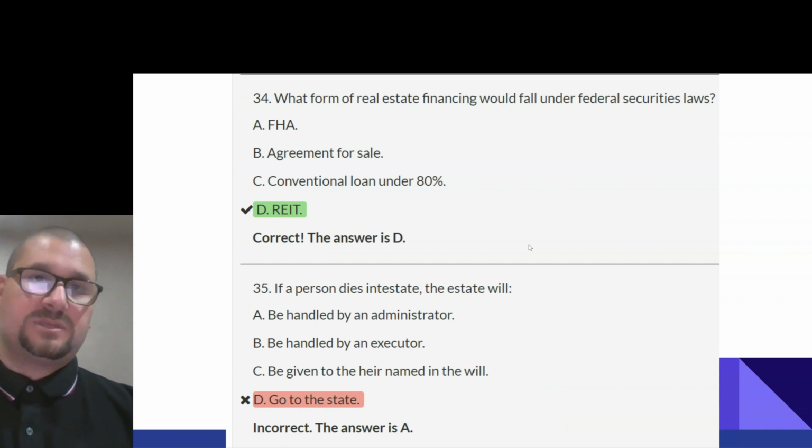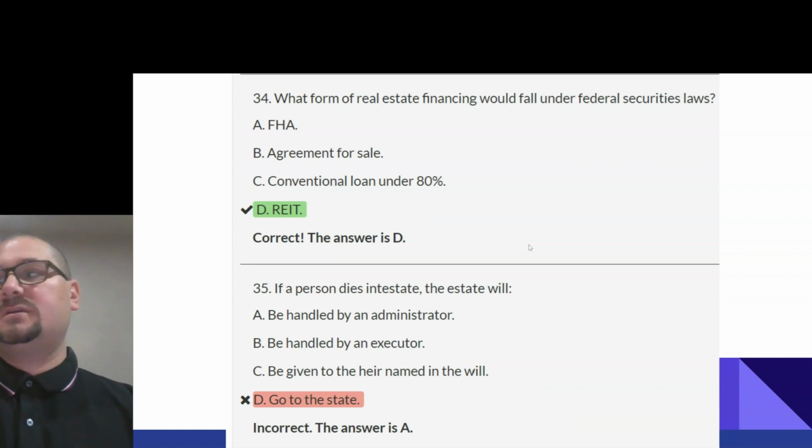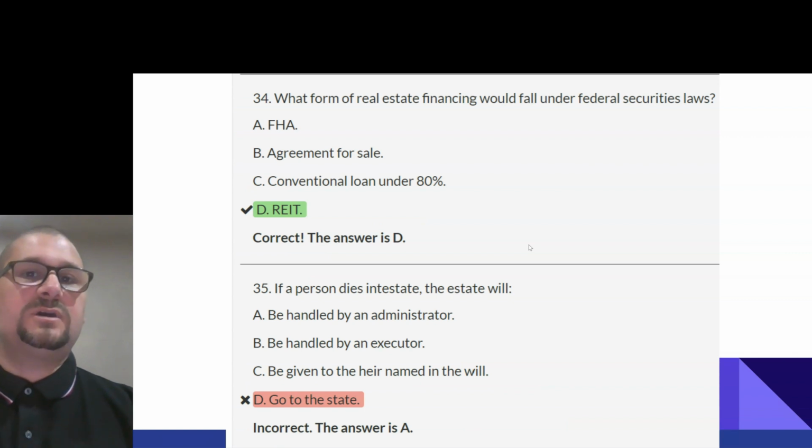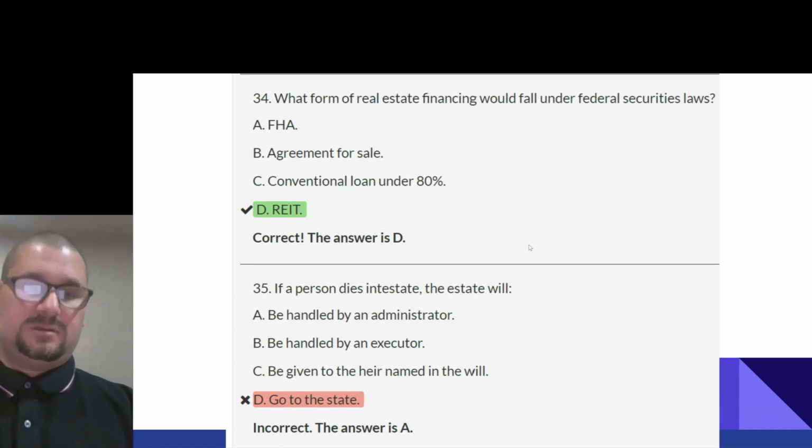That's the Arizona Corporation Commission, with the SEC. Does the FHA regulate securities laws? No. Agreement for sale? No. Conventional loan under 80%? No. REIT is the form of real estate financing. It acts like a mutual fund, but you don't actually own any of the property.